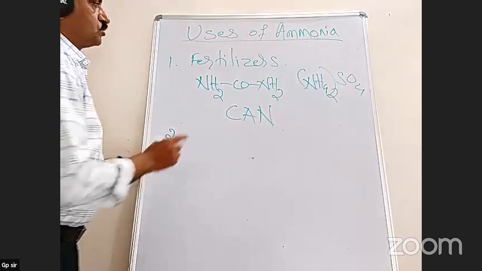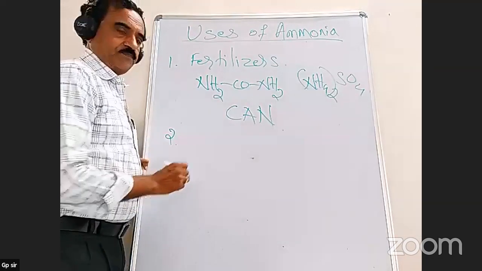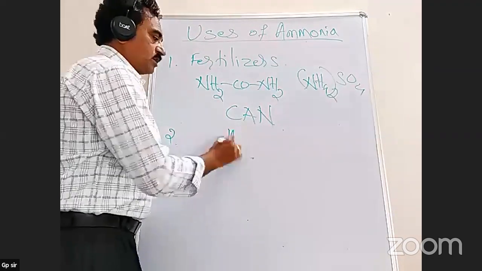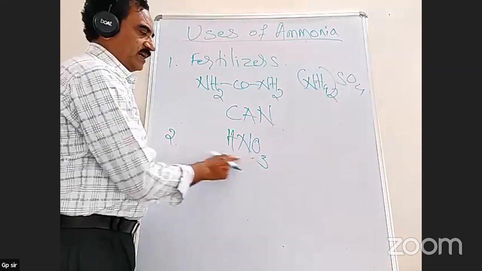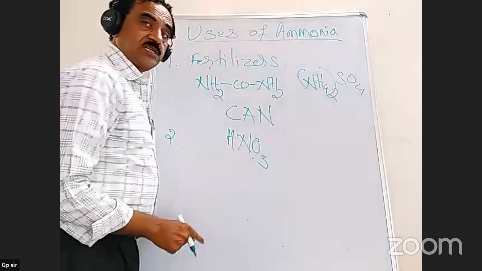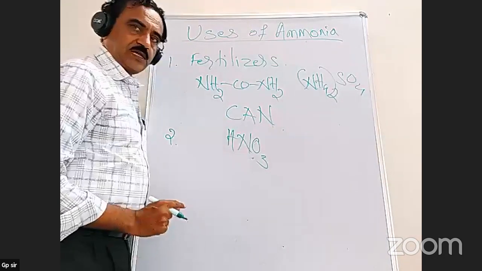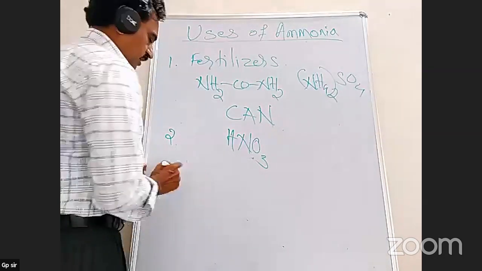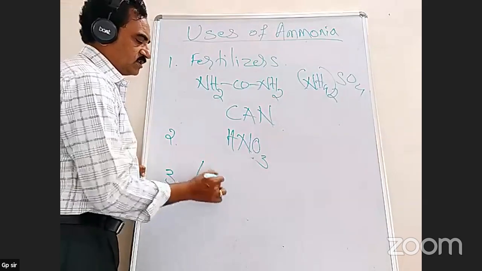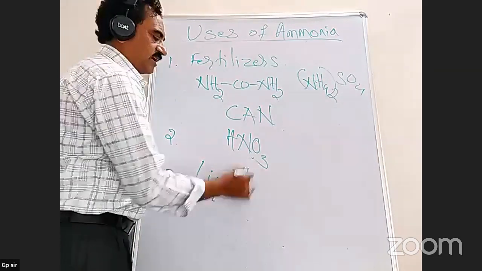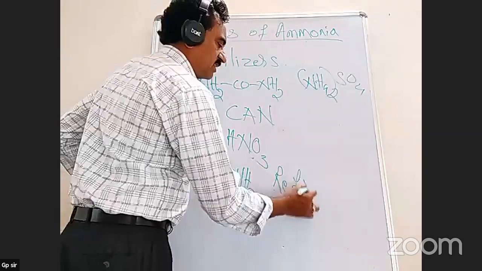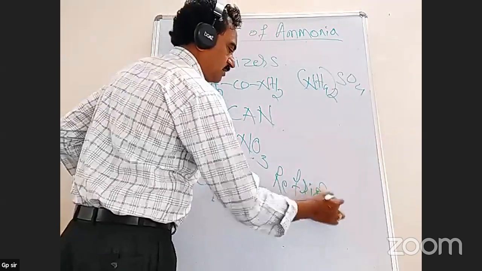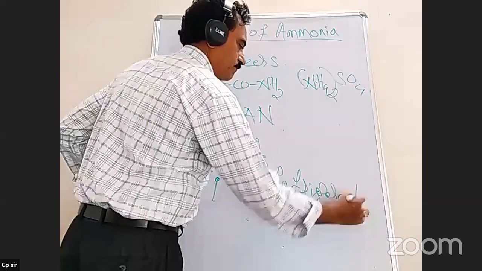And then ammonia is used in the manufacture of nitric acid, which comes in the next class, by Ostwald's process. Thirdly, liquid ammonia is also used as a refrigerant.